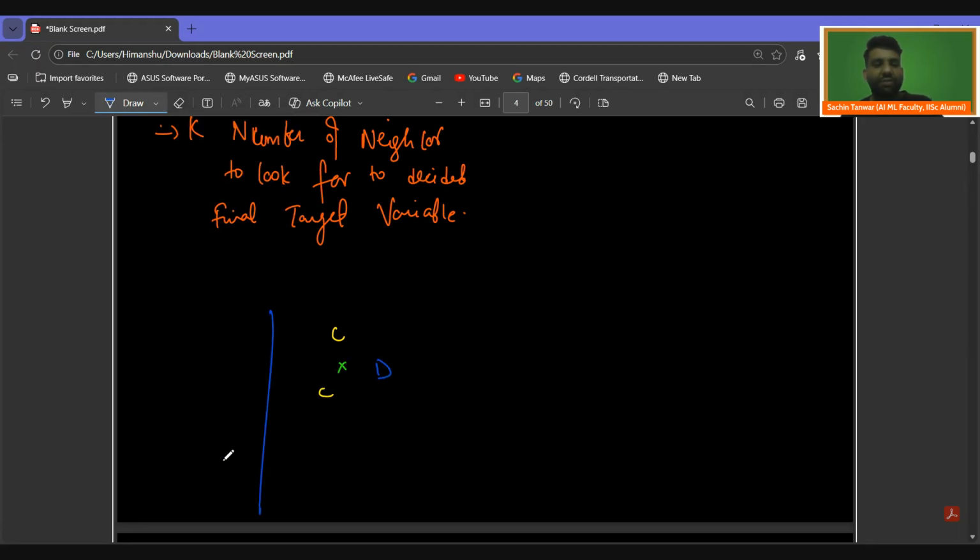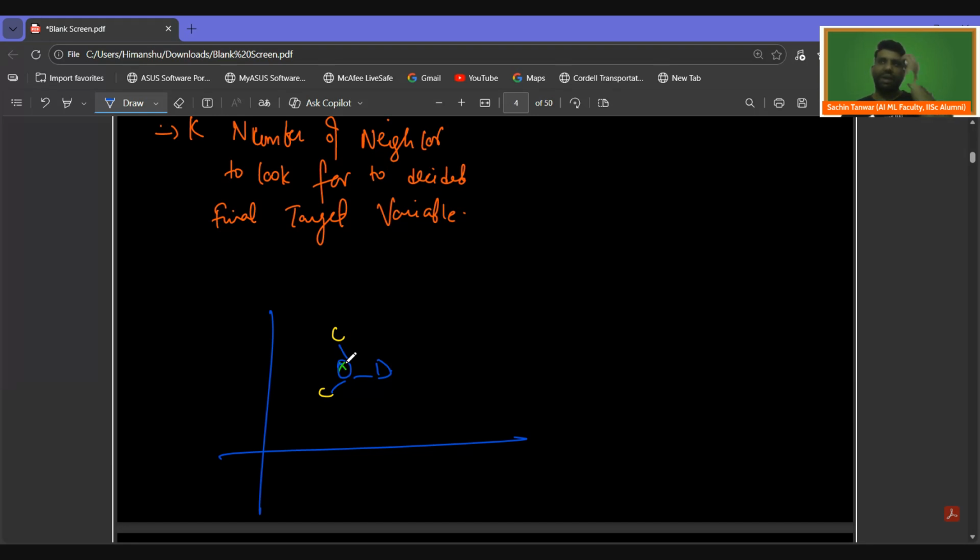You can see there are 2 cat-like data points present, and this one is a dog. If I look at the 3 nearest neighbors, I get these 3. Now what should be the label for this query data point? Whichever is dominant. Out of 3, 2 belong to cat, so it would be called a cat. Very simple. So this is the idea around k-nearest neighbor.